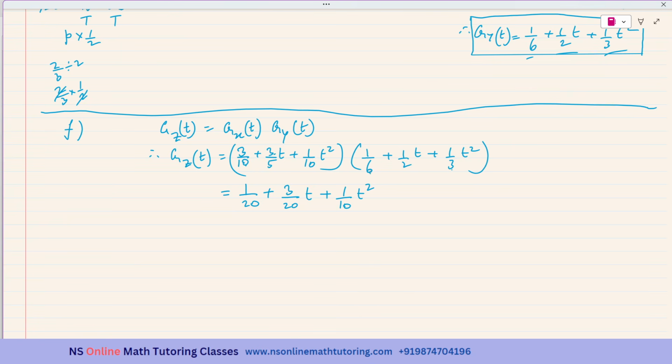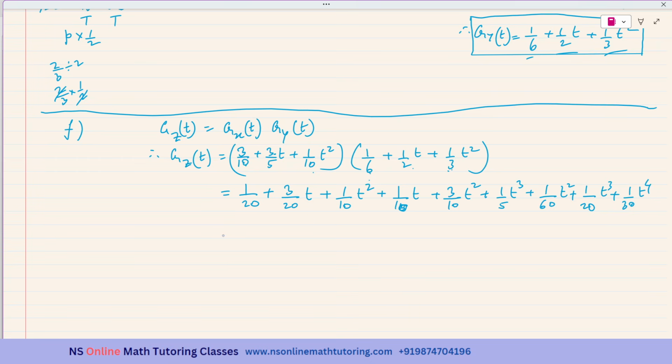And again 3 and this 6 cancels, so it is 1/10 t plus 3/10 t², and this 3 will be cancelling, so it is 1/5 t³ plus 10 times 6 is 60, 1/60 t², plus 1/20 t³ plus 1/30 t to the power of 4.